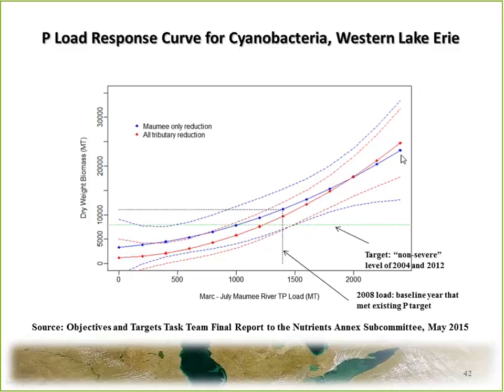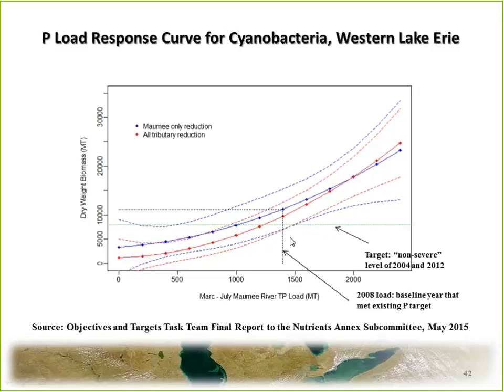And the blue curve here is the relationship between Maumee River loads and cyanobacteria biomass. So the problem is that we're trying to get biomass below this green line, that this represents a level that was considered not severe in 2004 and 2012.